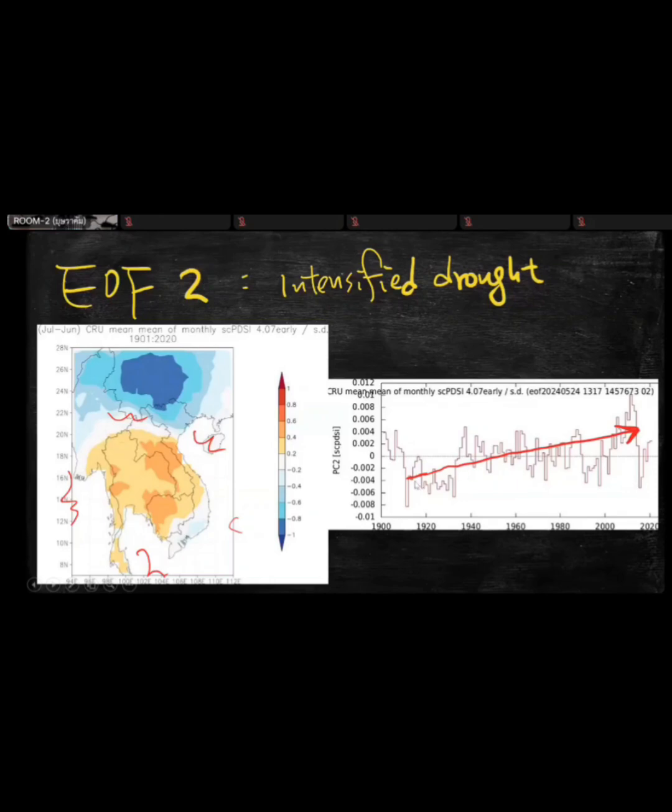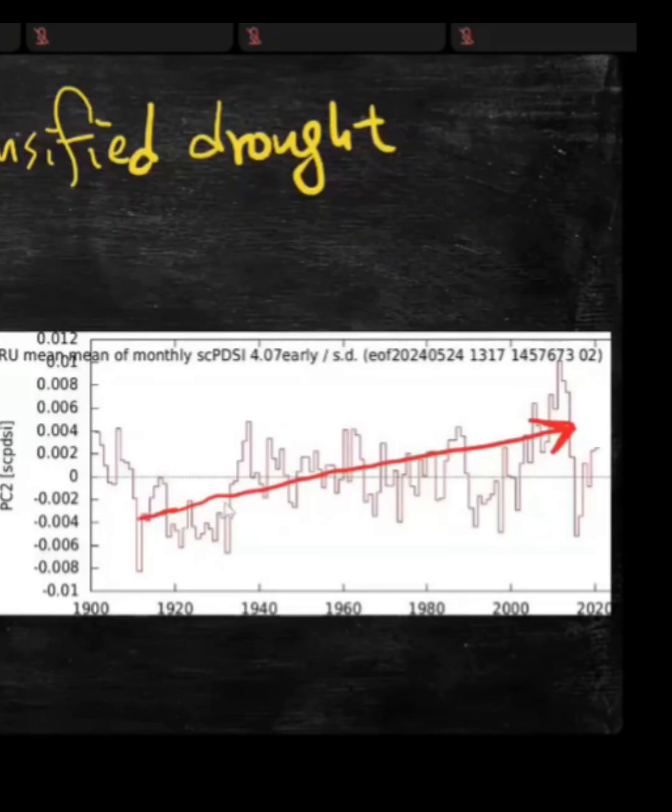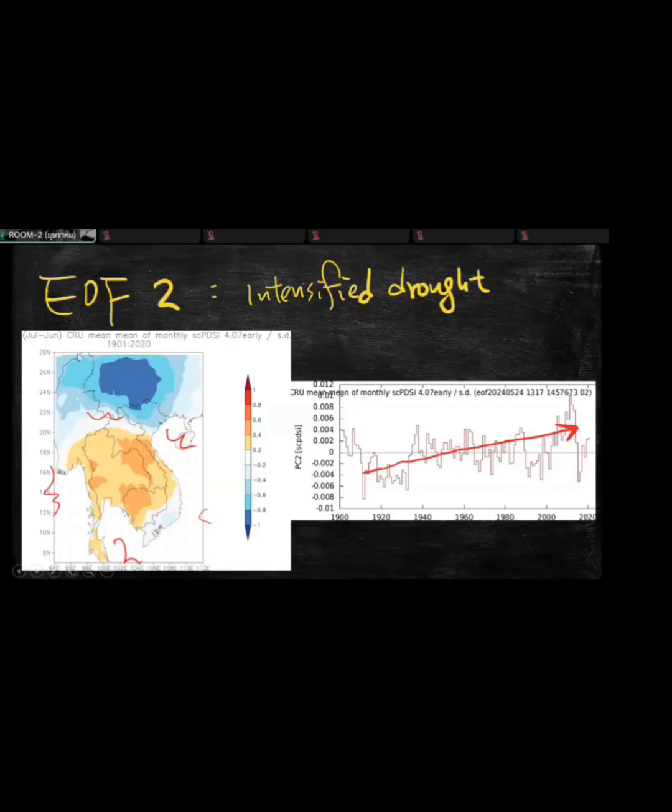And this is the time series, showing low frequency variability and long-term change. By looking at this time series, it is changing from negative to positive, which means this pattern for the past 120 years has been pushing Thailand to be more and more drought-prone. So we really want to understand what is causing this north-south shift.